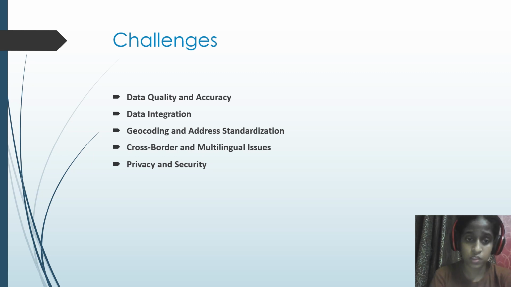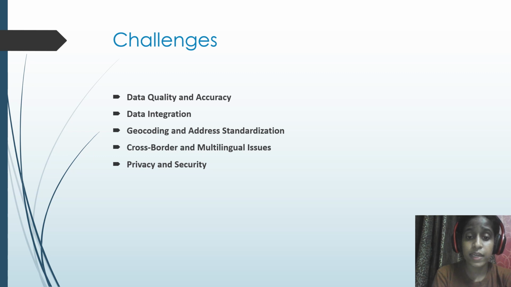Next is data integration. As we know, the data comes from various sources with different formats and structures. So this makes it complex. So data integration is crucial for effective and efficient GIR to work.